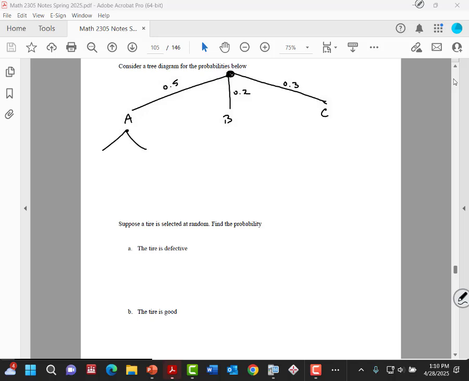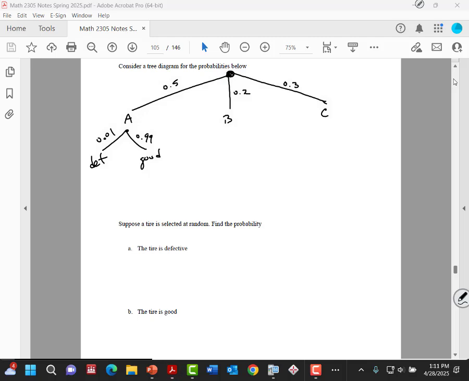Its own rate of defectives are 0.01 are defective, and that means 0.99 of them are good.